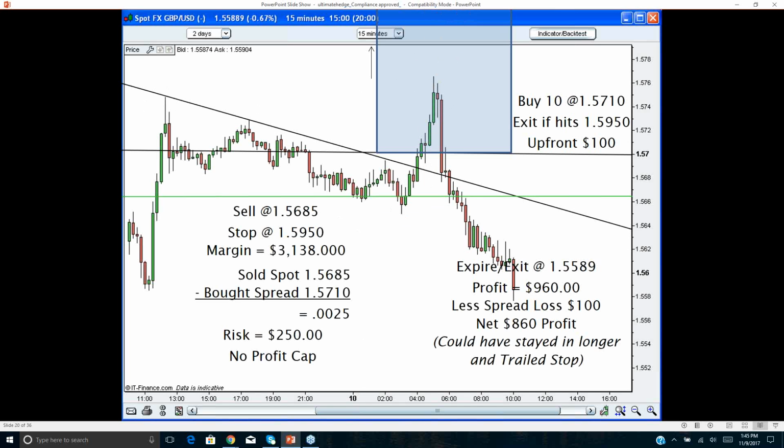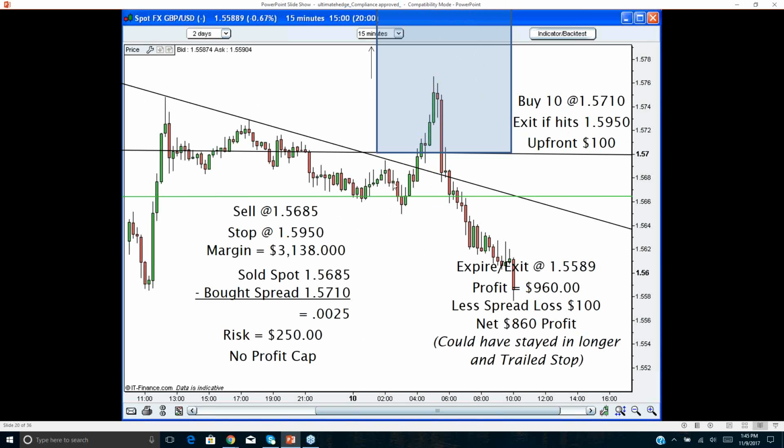Does that make sense? Lau, I actually would have a stop, but the stop would be at the top of this spread, because after the top of this spread, I'm not covered anymore. Does that make sense?